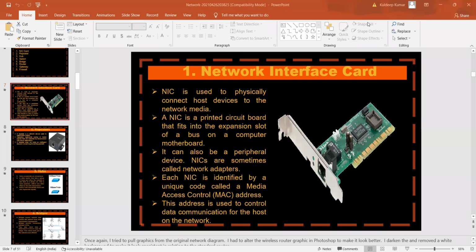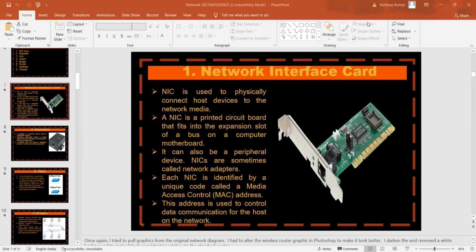Network interface card or NIC is used to connect the host devices to the network media. Basically, it is an expansion card which is put in the expansion slots of a bus on a computer motherboard. It is also a peripheral device. NICs are sometimes also called network adapters.